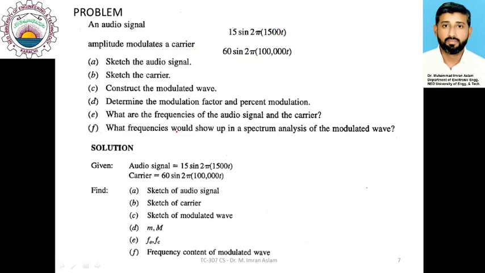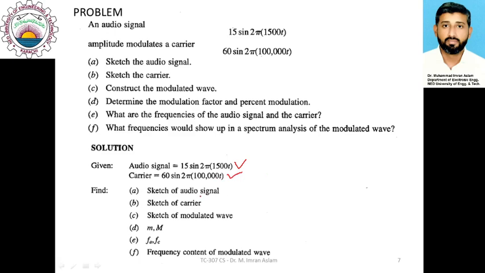So let us start by identifying the different quantities available to us. We have two waveforms needed for modulation. One is the modulating signal, the message signal 15 sine 2 pi 1500 t, and the second is the carrier wave, which is 60 sine 2 pi 100,000 t.